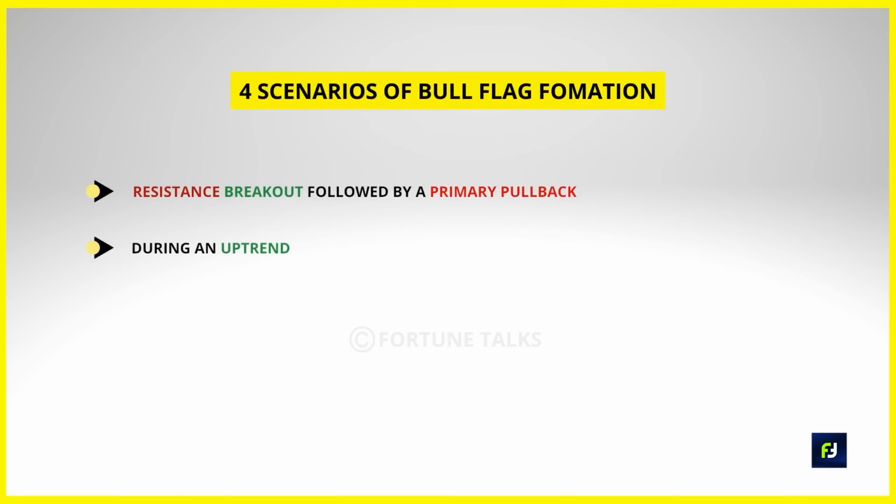The second scenario is when the flag formation occurs during an uptrending market, which signals a trend continuation. The third scenario is when bull flags occur inside a range market, and the final case is when the bull flag occurs in a downtrend, signaling a trend reversal. Now the entry, target and stop loss criteria are the same for all these cases, so I won't be discussing them individually for each case.